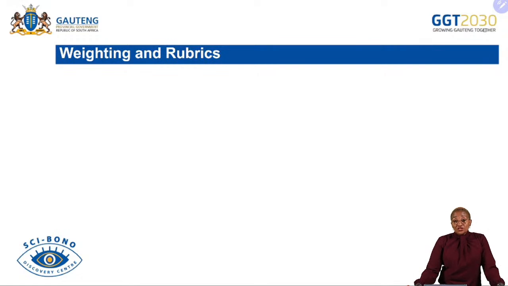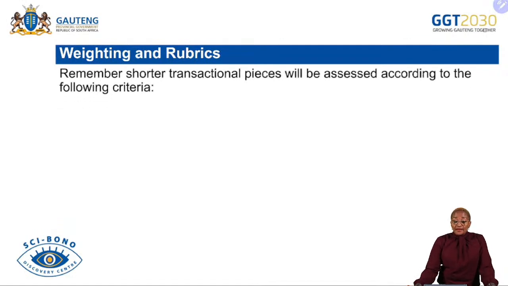Remember in our last session when we did section B, we also explained the weighting as well as the rubrics that we use for longer transactional text. Now, let's have a look at the weighting and the rubrics that we are expected to use for shorter transactional text. Shorter transactional pieces will be assessed according to the following criteria.